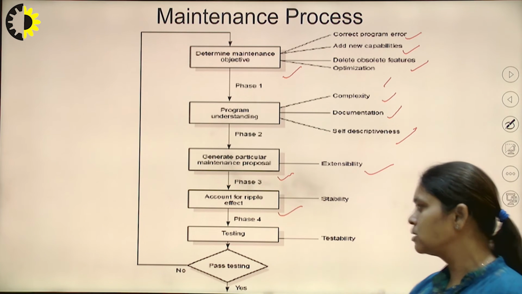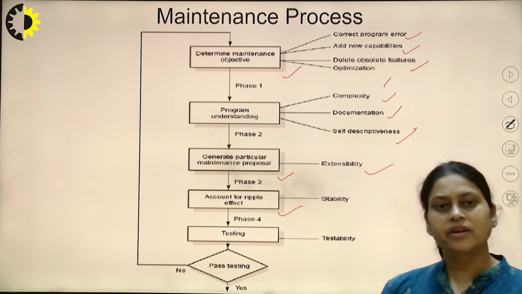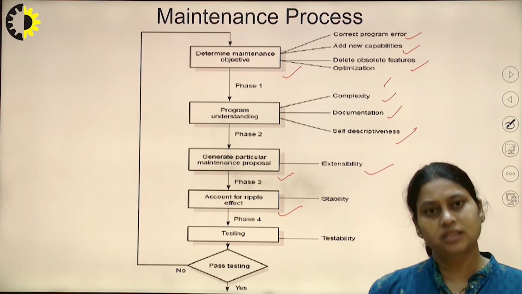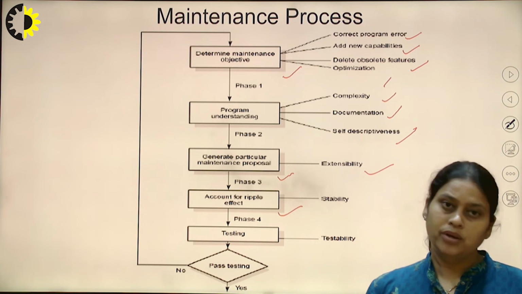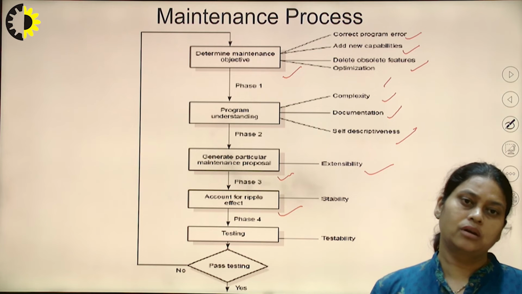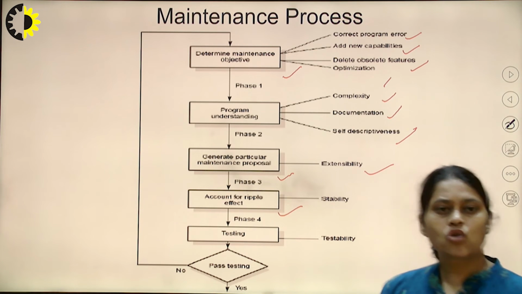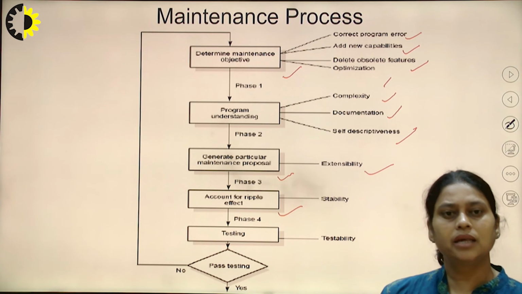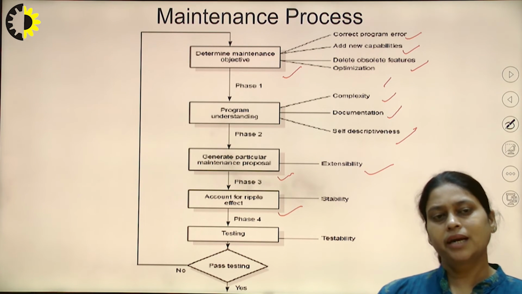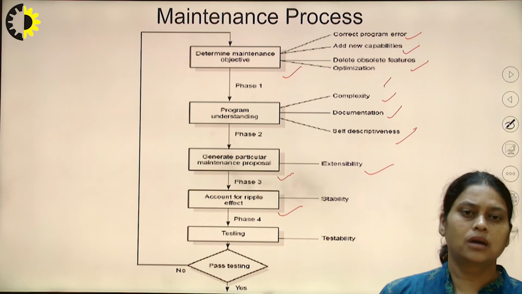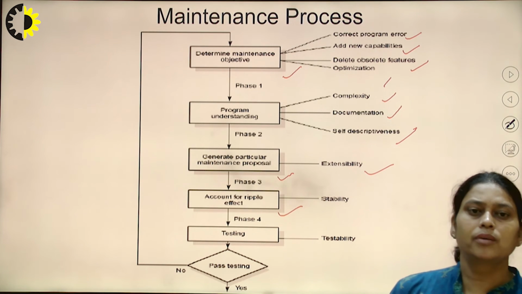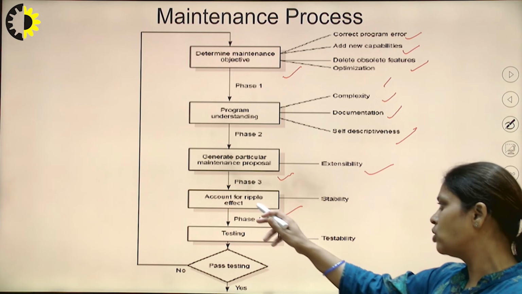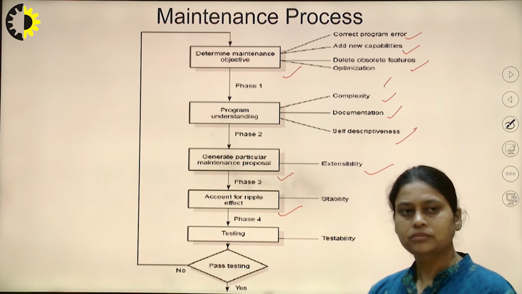Then we also check the ripple effect of the changes. If we modify the software or add some functionality to the existing software, there may be a chance that the complexity of the software increases. So we also look at the ripple effect.